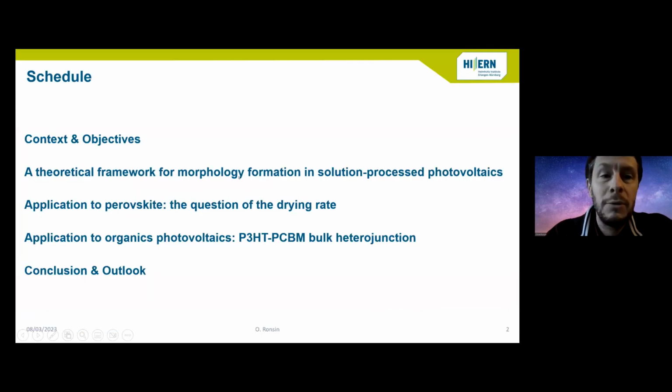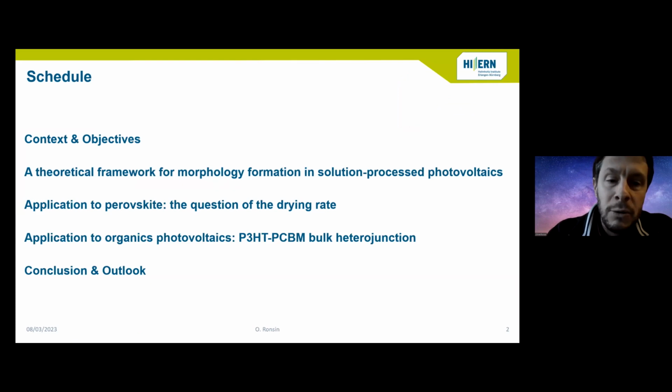So I will first introduce the context and objectives, then say a few words about the theoretical framework we use for simulating this morphology formation. And then we'll mainly focus on applications. The first one is perovskite, where we try to handle the question of the impact of the drying rate on perovskite formation.